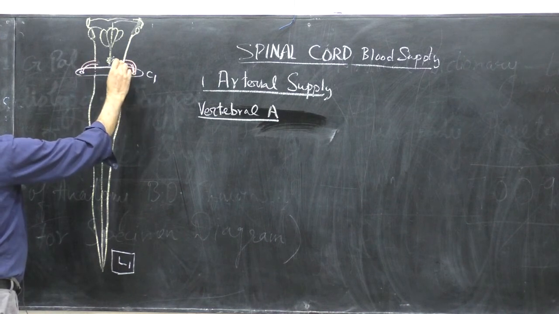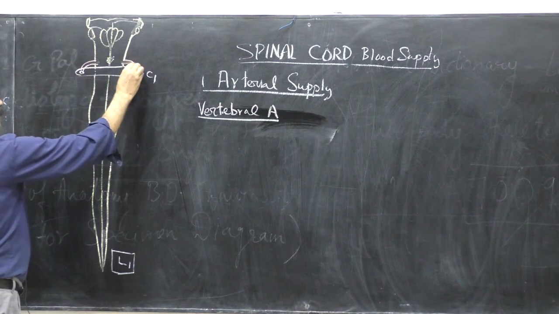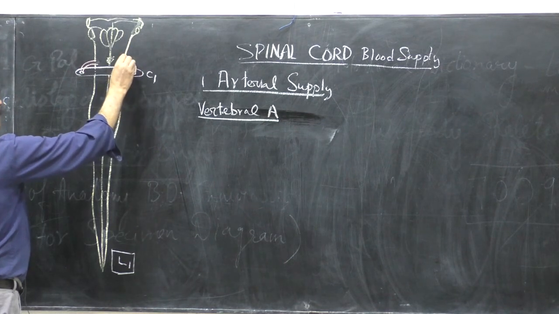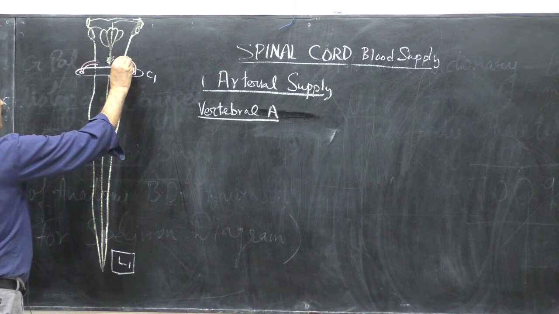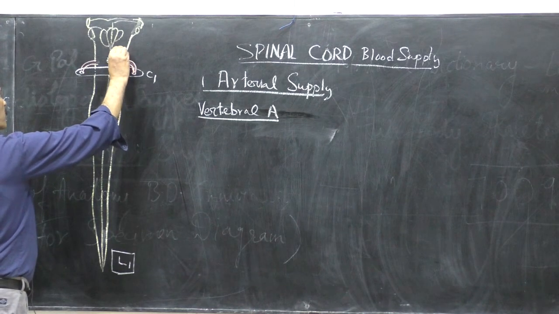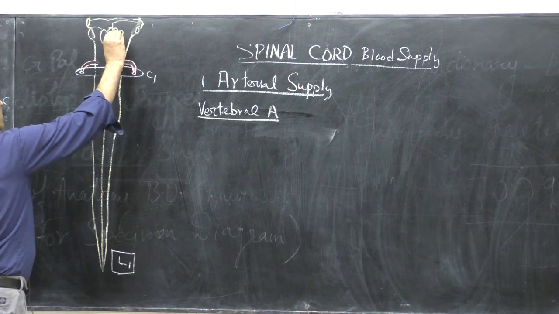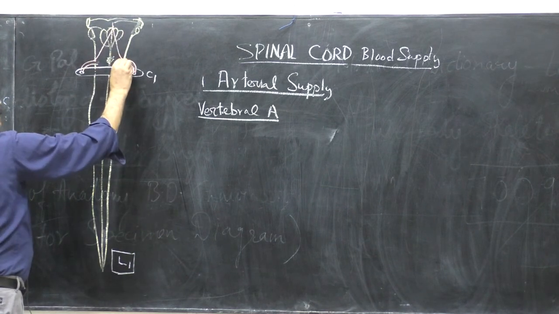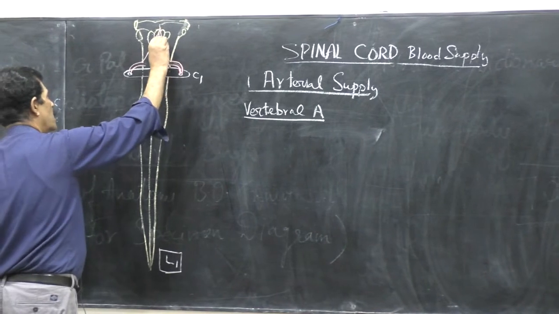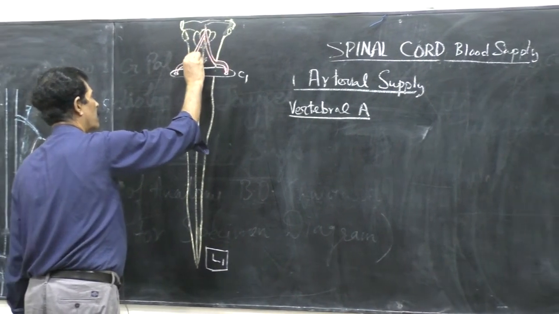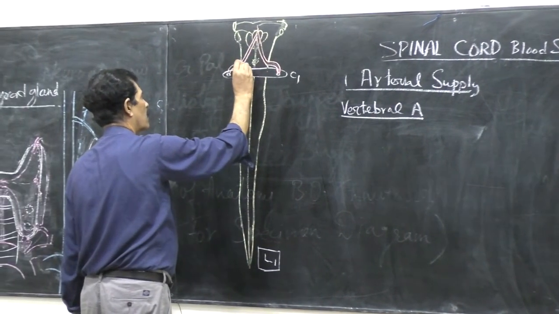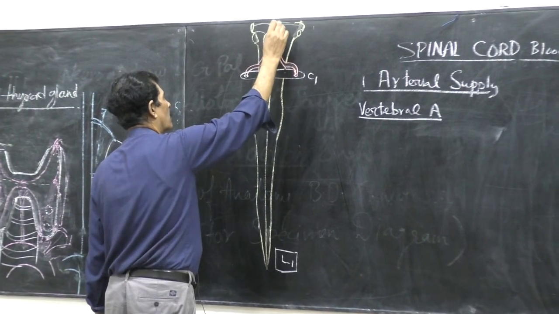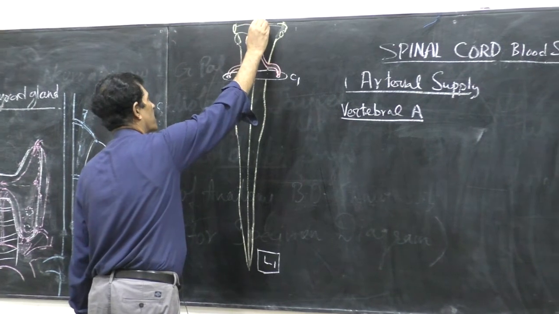Then it goes into the third part, into the suboccipital triangle, and then from here the fourth part goes to the obex, and it unites to form the basilar artery, which runs on the basilar sulcus of the pons.